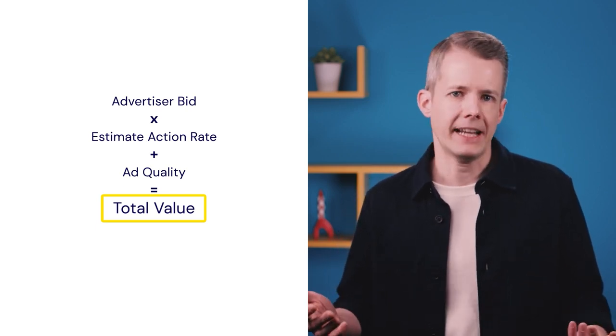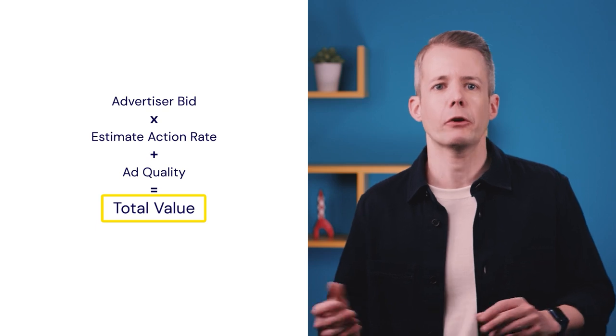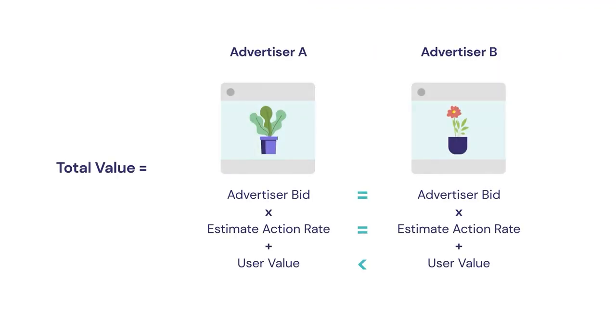So, what does this mean for Clara, who's being targeted by two flower companies? Let's assume both companies run an ad with the goal of getting people to purchase flowers from their online website. They input the same advertiser bid, and Meta determines Clara is equally likely to fulfill the desired goal to buy products from them. This means the estimated action rate is the same for both ads too.